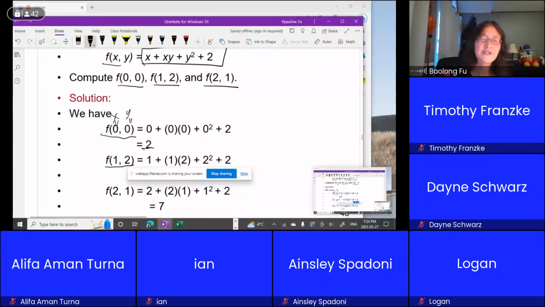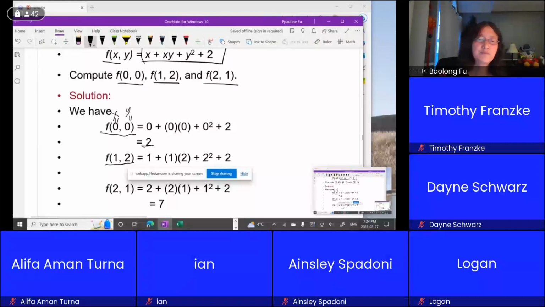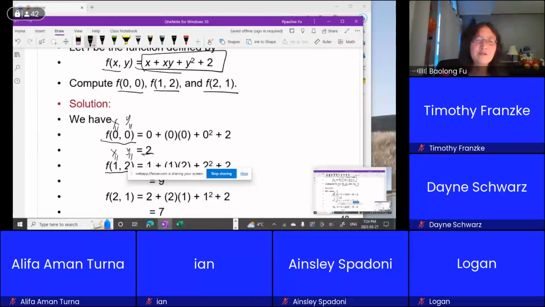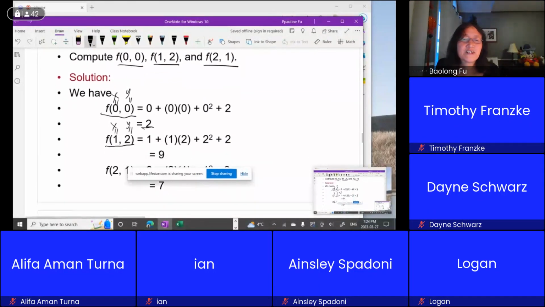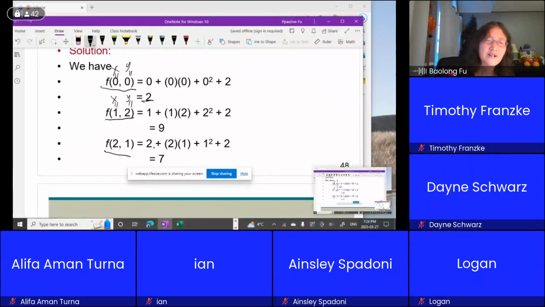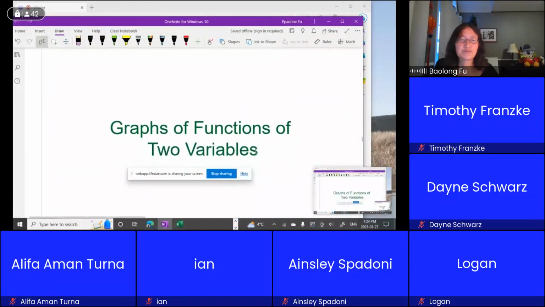And f(1,2) means x equal to 1, y equal to 2. Plug in this equation. And the next one, x equal to 2, y equal to 1. So this is a function with 2 variables.